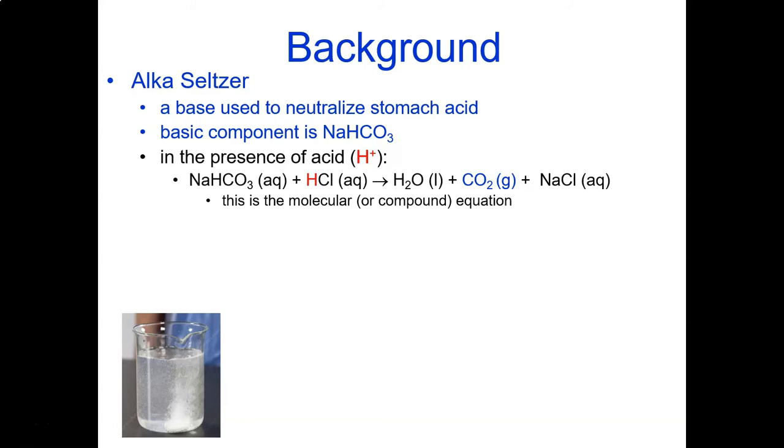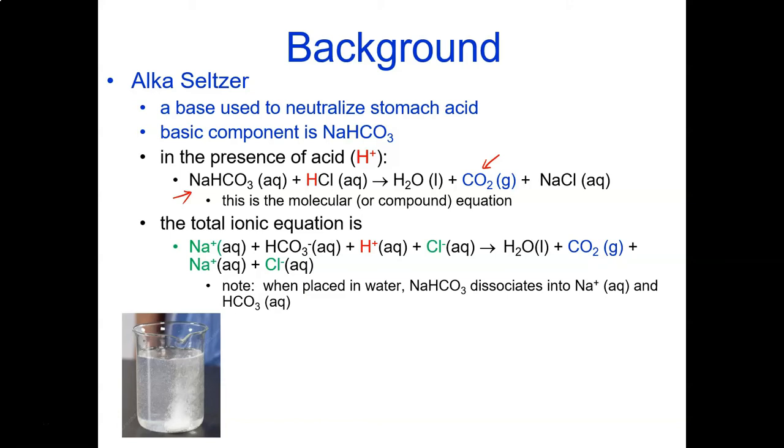In the presence of acid, for example hydrochloric acid, the sodium bicarbonate reacts with hydrochloric acid to form water, carbon dioxide gas, and sodium chloride. Carbon dioxide will be the product that we measure to indirectly determine the sodium bicarbonate that reacted, based on this equation. It is the molecular equation, where we list all of the compounds involved in the chemical reaction.